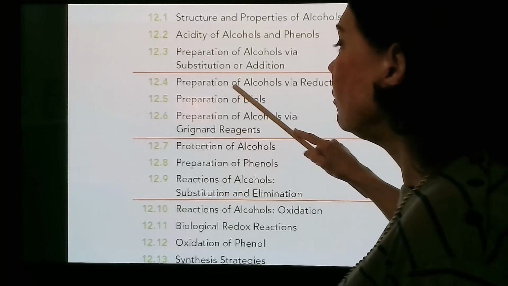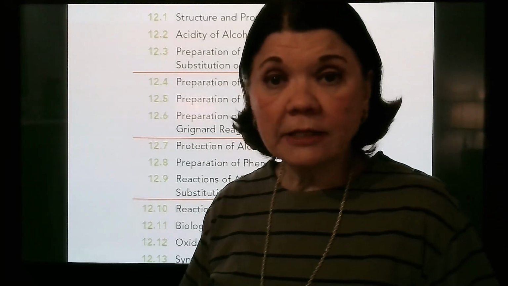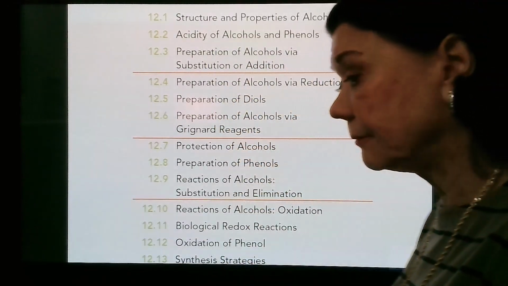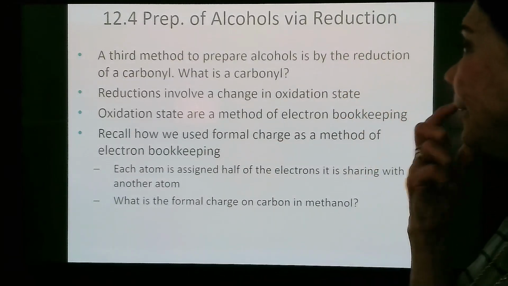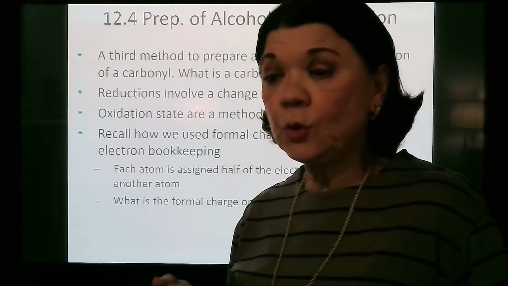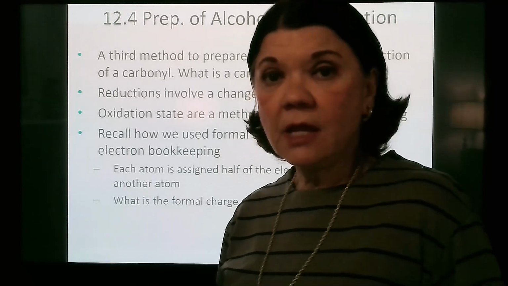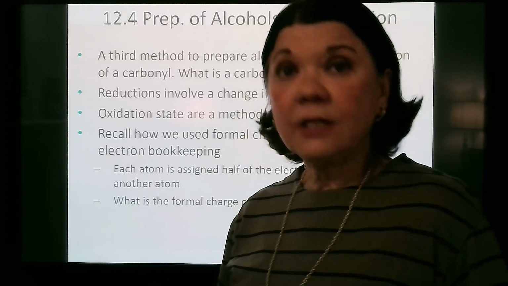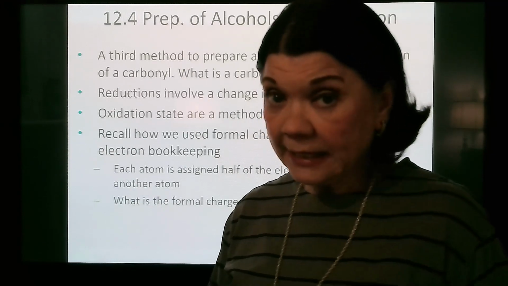So up here, we're still going to be in the preparation of alcohols. So, remember, we have already discussed as methods to prepare alcohols the reaction of alkyl halides and the additions to alkenes.